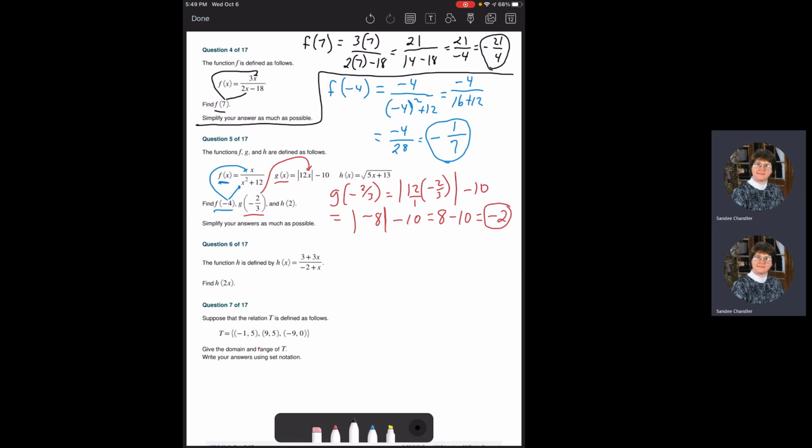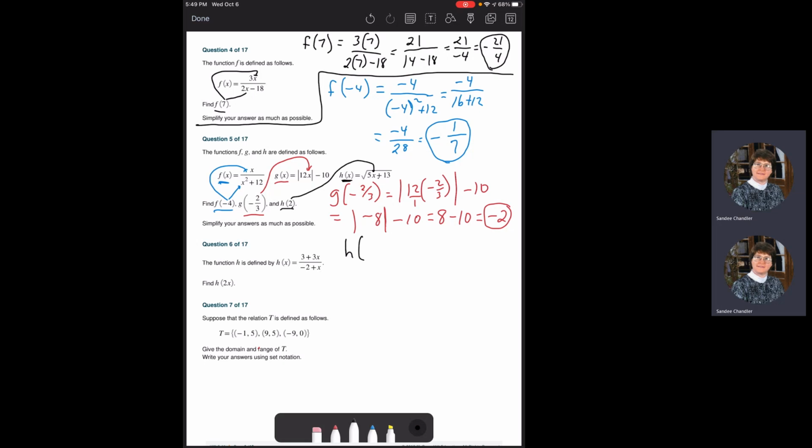Then the last piece is h of 2. So our h function, which is kind of hidden over here where I've been writing, is the square root of 5x plus 13. So if we want to find h of 2, we're going to take the 2 and plug it in for that x beside the 5.